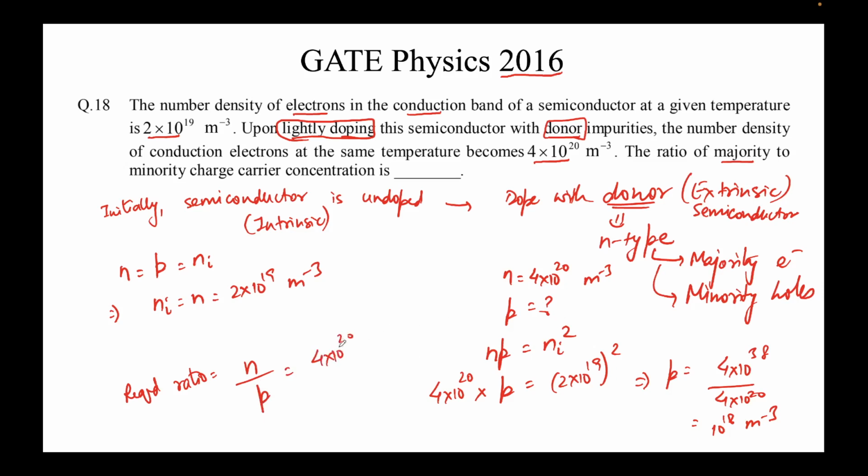The concentration of holes is 10 to the power 18. So this will come out to be 400. So this is in n-type. So the required ratio in an n-type semiconductor comes out to be 400, and that is our answer here. So 400 is our answer.